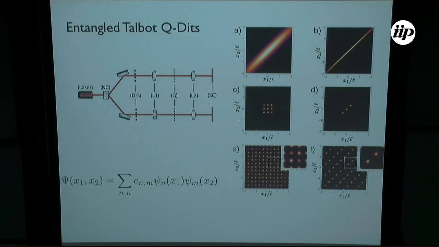This is the first grating, which creates the superposition of the qubits the way you want, and then the periodicity in the x direction, which is basically a repetition of this pattern along all the x1 and x2 directions. So this is the entanglement between the two Talbot carpets, okay?